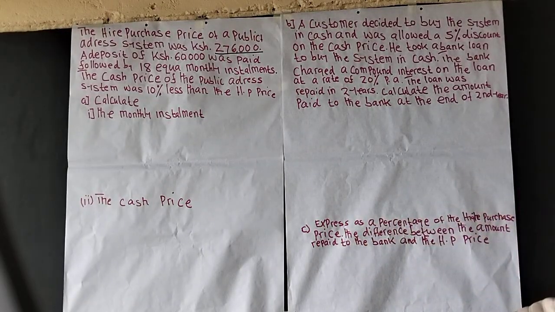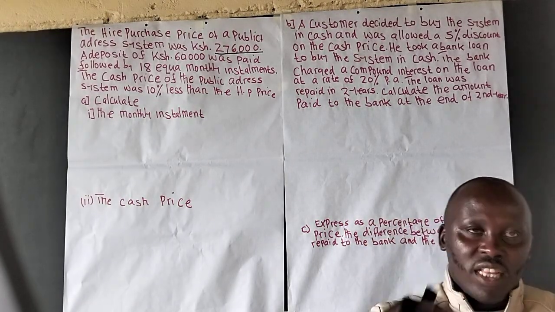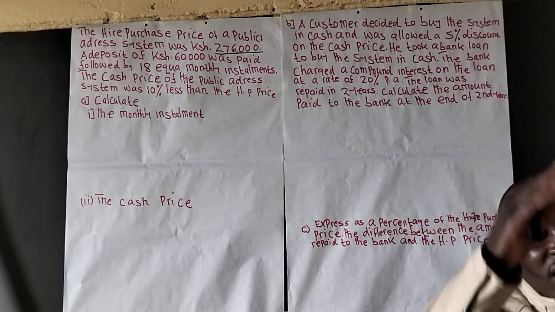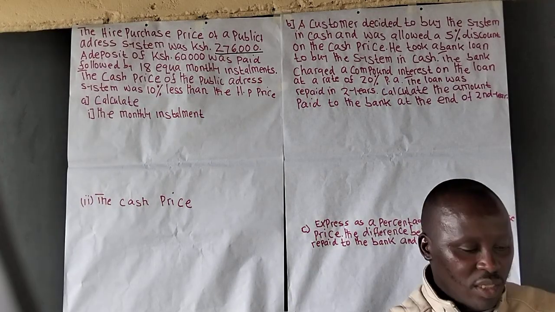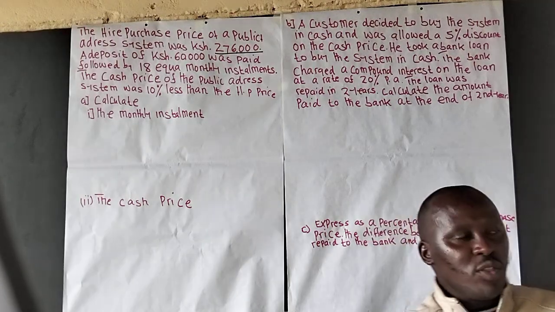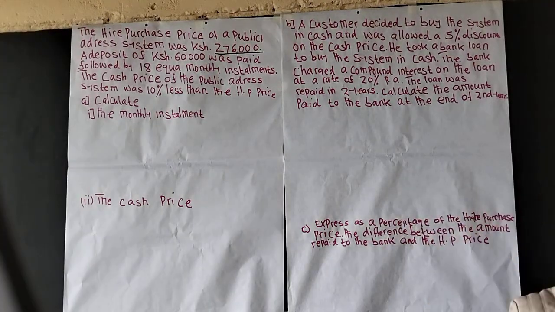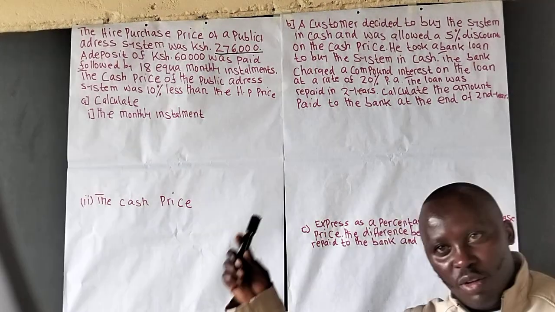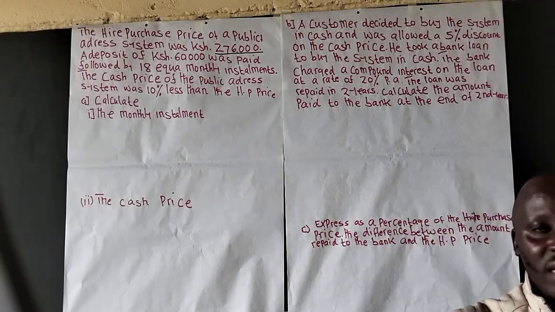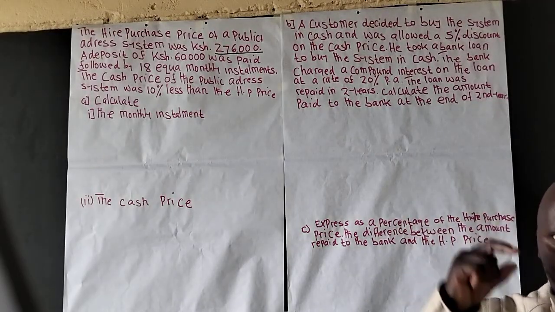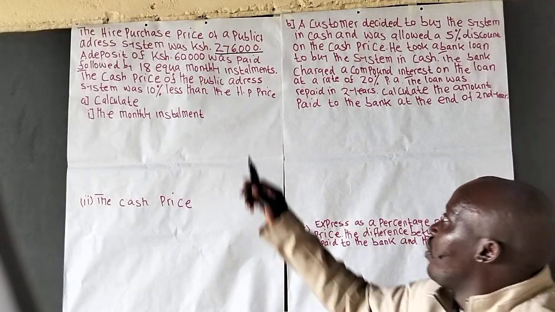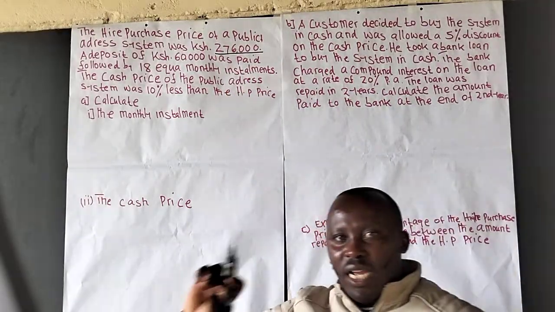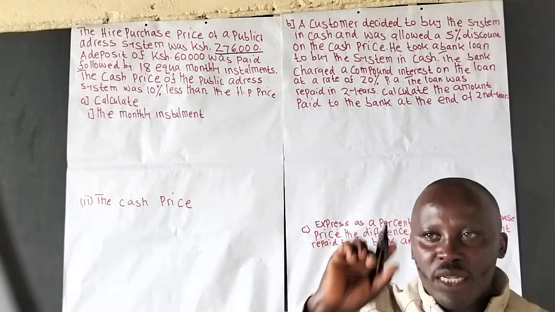We are looking at a question on hire purchase and cash price. This is a past KCSE question that was set some years back. The hire purchase price of a public address system was 276,000.